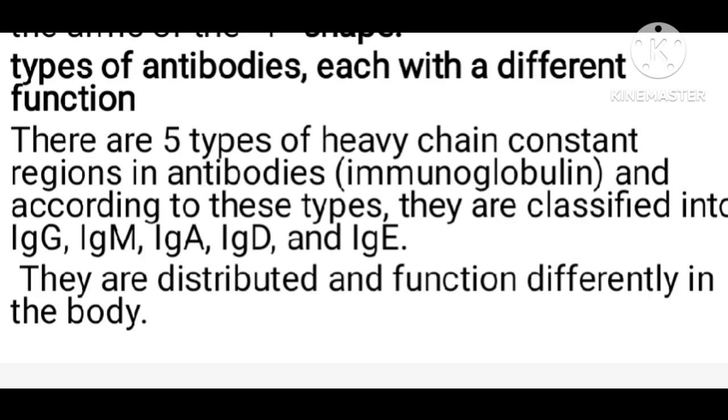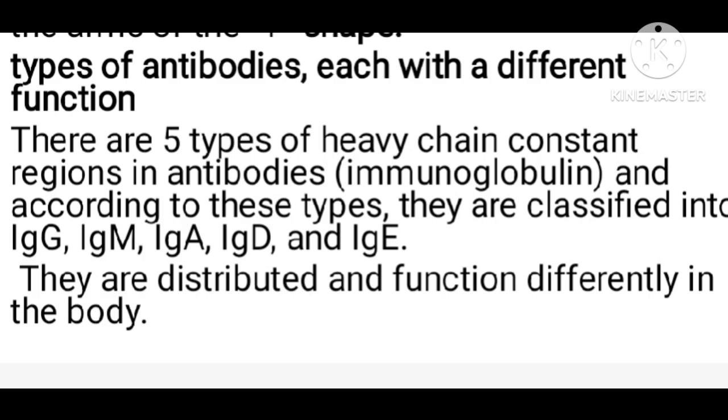Types of antibodies, each with different functions. There are types of heavy chain constant regions in antibodies, which are also called immunoglobulins.